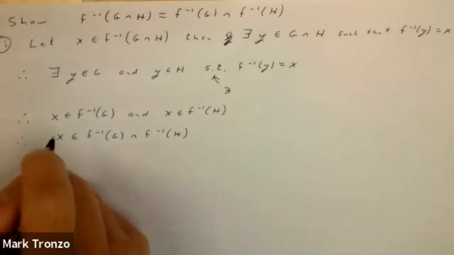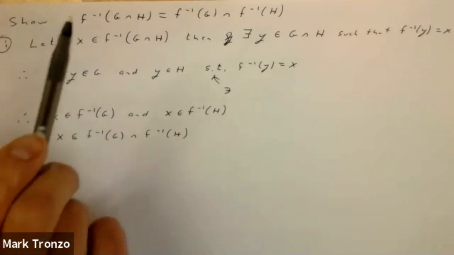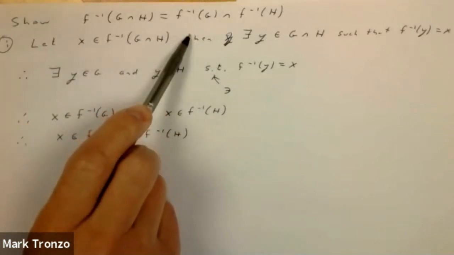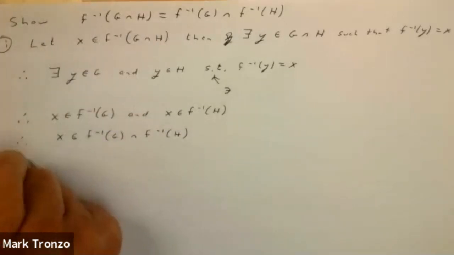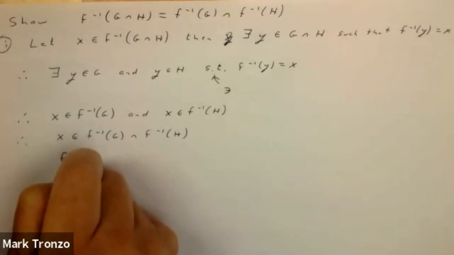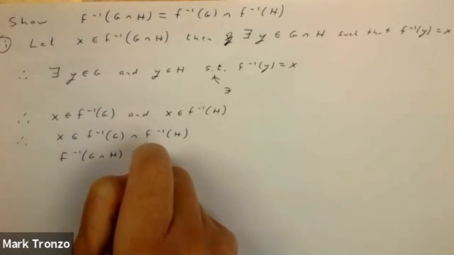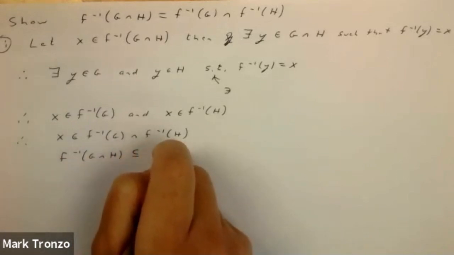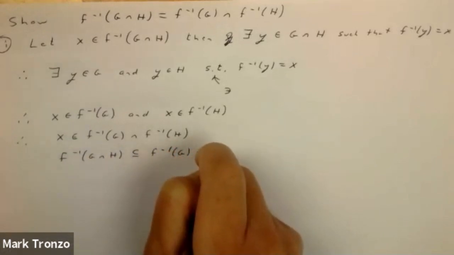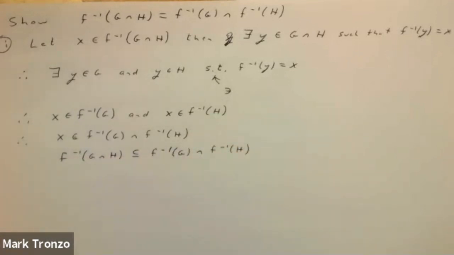And so therefore, we can say that, let's see, we pick something on the left and prove that it is on the right. So we prove that f inverse of G intersection H is a subset of f inverse G intersection f inverse H, like that.